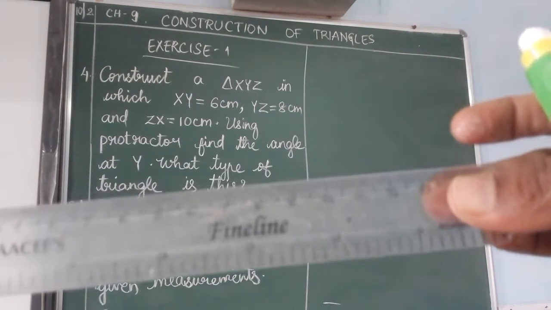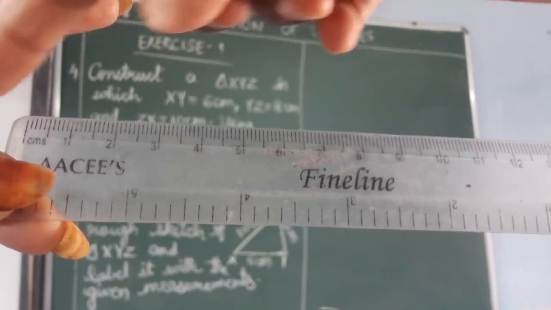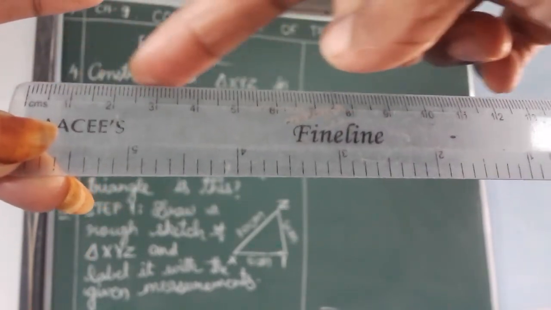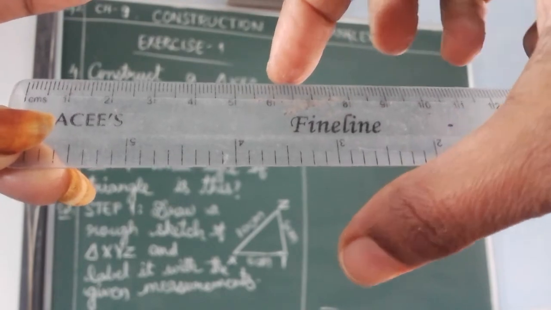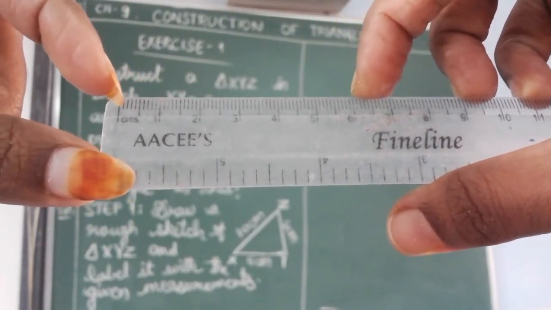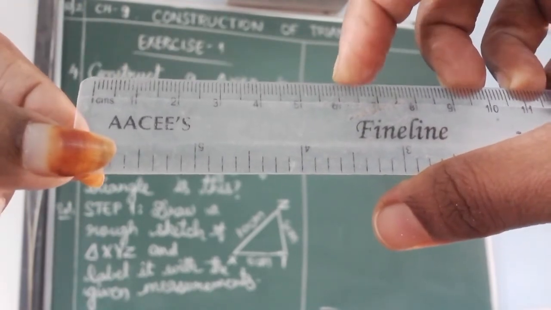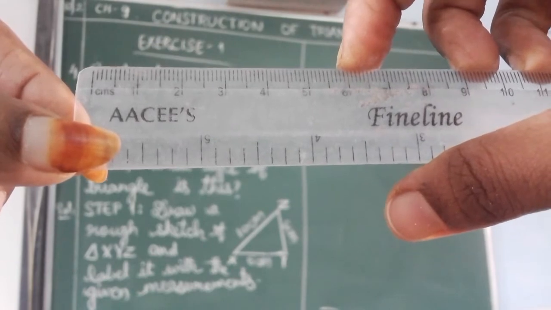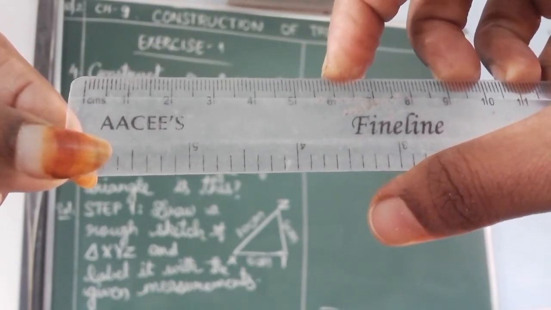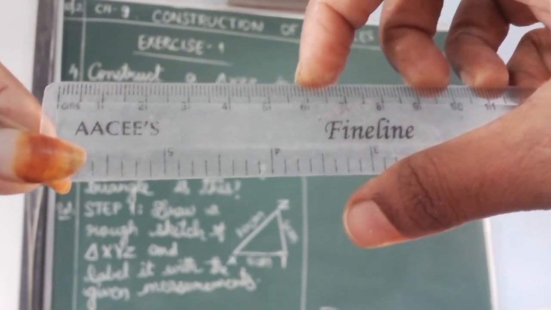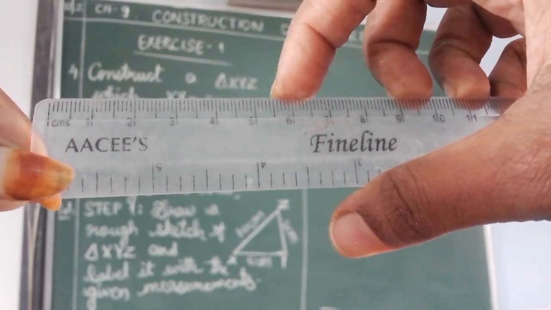So this is your scale. Here you can see that it is 0 centimeters from here till 6. First thing is you have to mark a point here. At 0 mark a point and then at 6 you mark a point and then draw the line joining 0 to 6 and label it as XY is equal to 6 centimeters. Understood this? Draw the line segment, children.